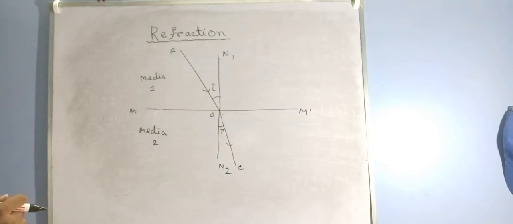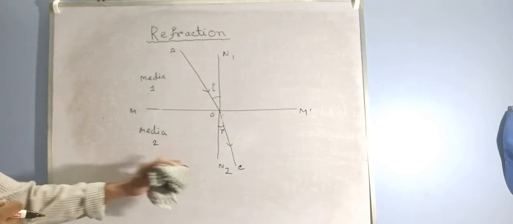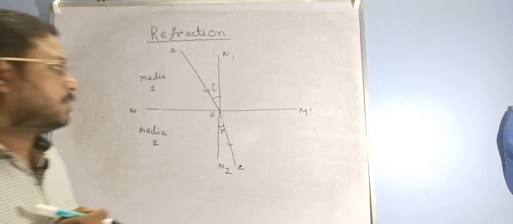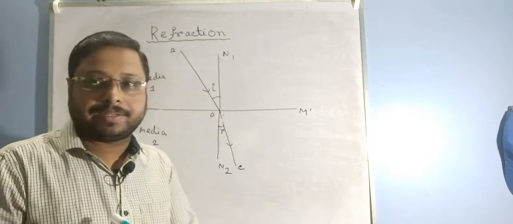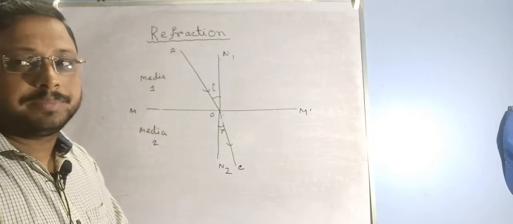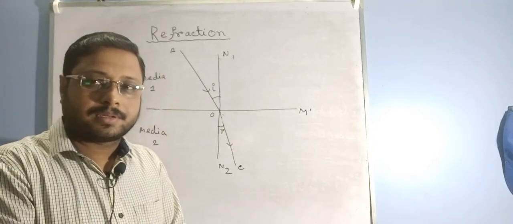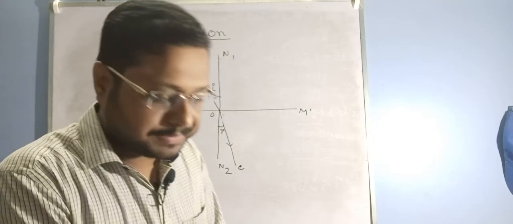Now I want to explain why refraction occurs, why the ray of light is bent at the interface of two media.